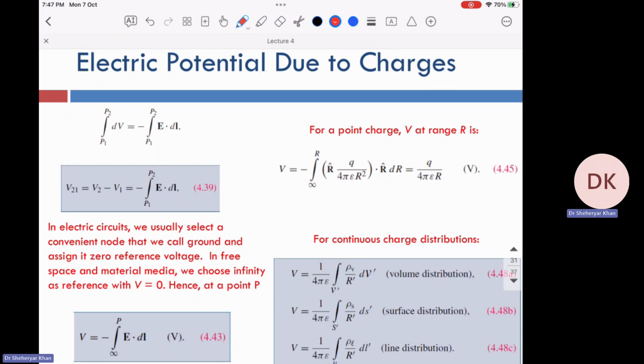If you have a source, and one point is inside the electric field, another point is very far, that's what we call ground, right? What does it physically mean? It means the ground terminal. So what is the potential?